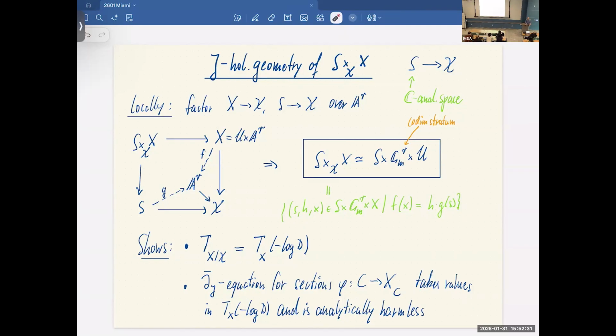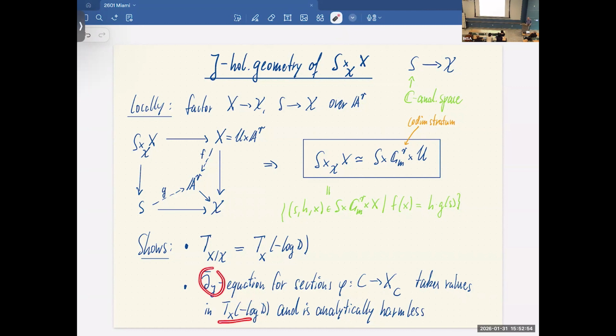And the del-bar-J equation for these sections, of course, takes values in the relative tangent bundle. There is, of course, some del-bar part, but because we have sections, that is trivial. So it's really a map from C to X_C, and it takes values in this for such a section.